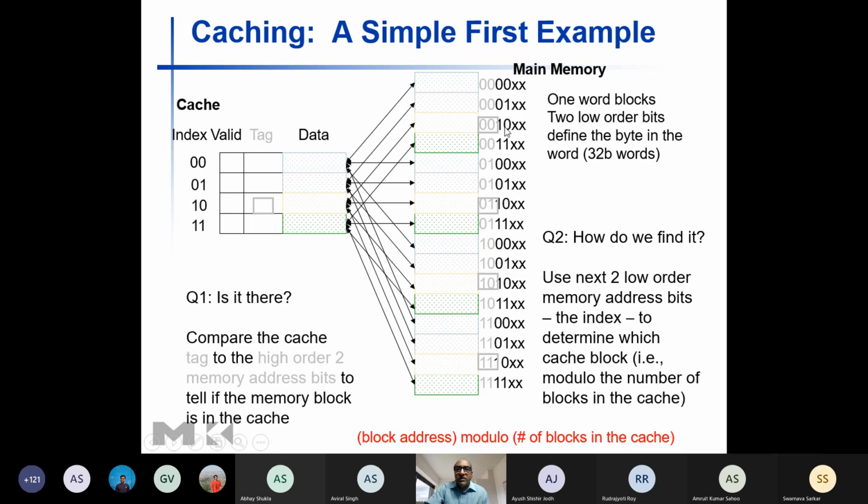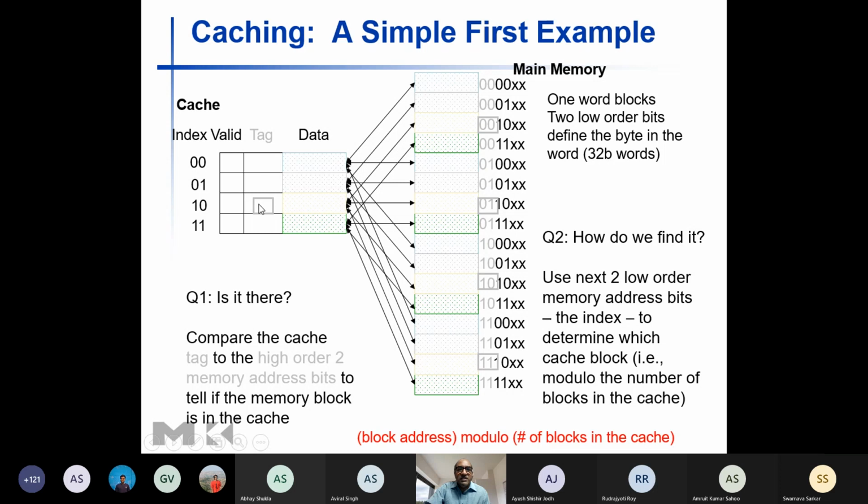So the index of the word is 10, 10, 10, which means that all these 4 words are mapped to the same location. But it will be resolved based on the tag bits, which of the 2 bits are there.